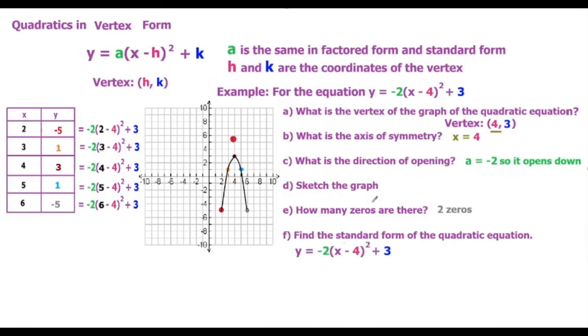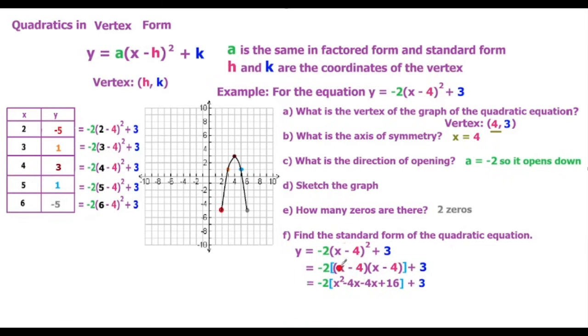Now we can find the standard form of the quadratic equation. So all we have to do is take this and multiply it out. So we put -2 with a big bracket, and we're going to do our square first. (x minus 4) times (x minus 4), and then plus 3.